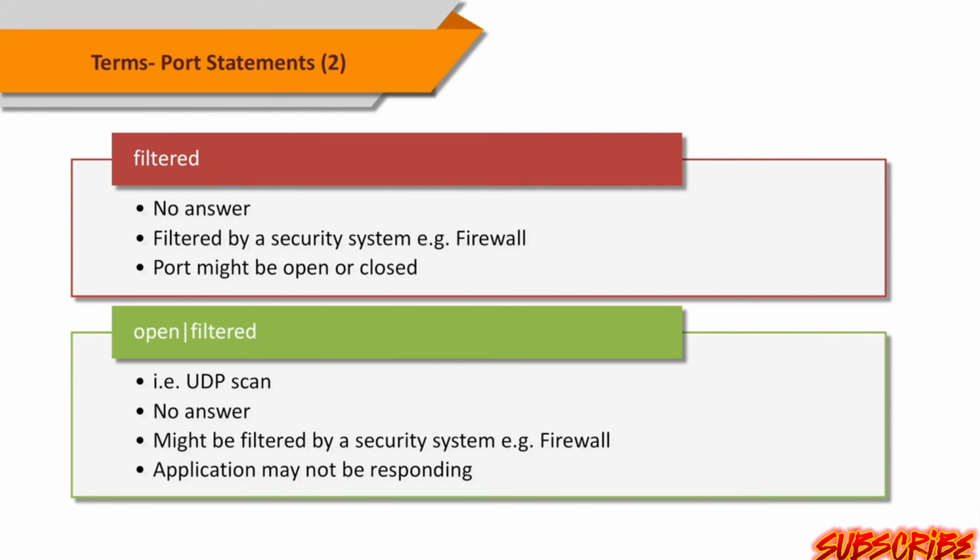It might mean that the port is open. In these situations, Nmap signifies that the port is either open or filtered. For example, in a UDP connection, in most cases, the destination system does not send a response when it receives a UDP packet. So if the destination system does not respond, Nmap categorizes it as open|filtered.